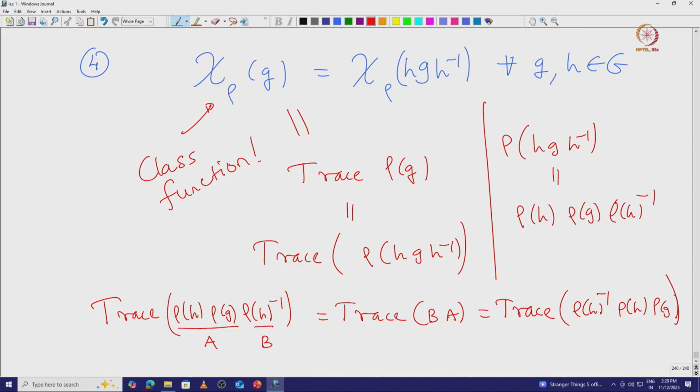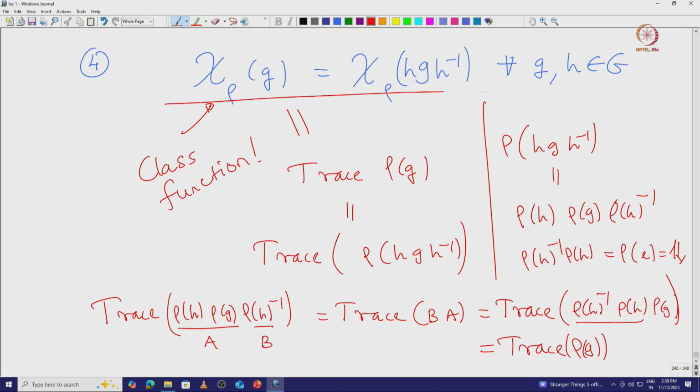Again using the property of a representation, rho of h inverse times rho of h is rho of identity, which is exactly the identity on V. So, this is exactly equal to the trace of rho g. That is what we wanted to prove.